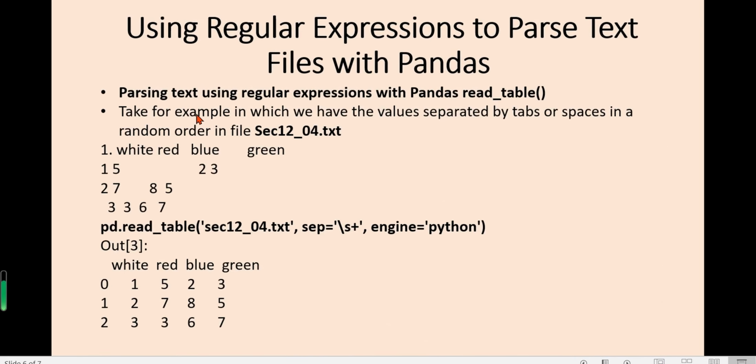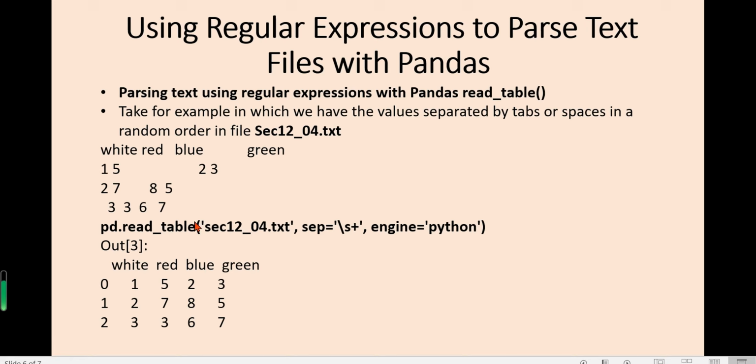Let us see some examples of using regular expressions when we read data in Pandas using read_table. Take for example a file in which the values are separated by tabs or spaces in a random order. In the raw file, we see some numbers separated by more than one space, and some separated by just one space.